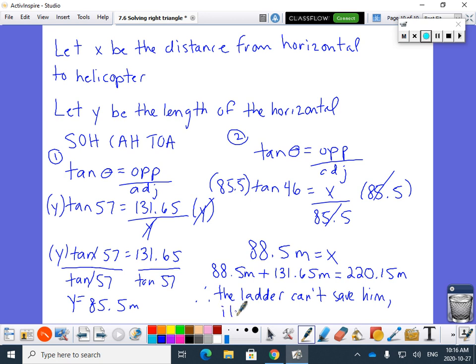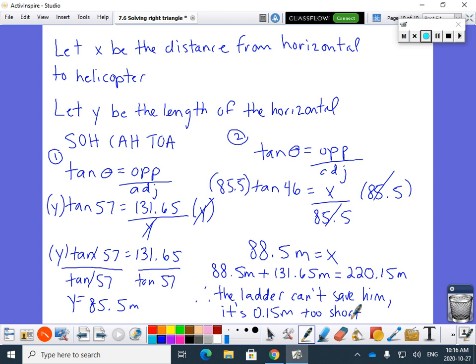I'm sure in real life that would actually happen. I think that he would be saved, but based on the math, the ladder can't save him because it's not long enough. Oh, sorry, only 0.15 meters short.